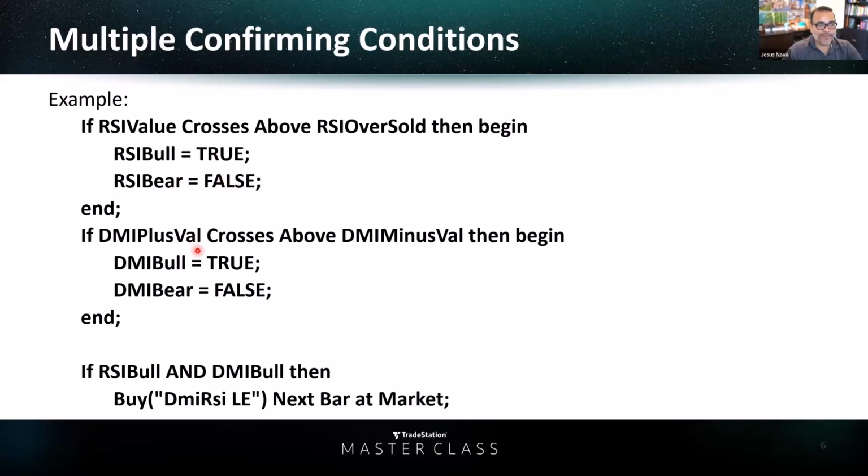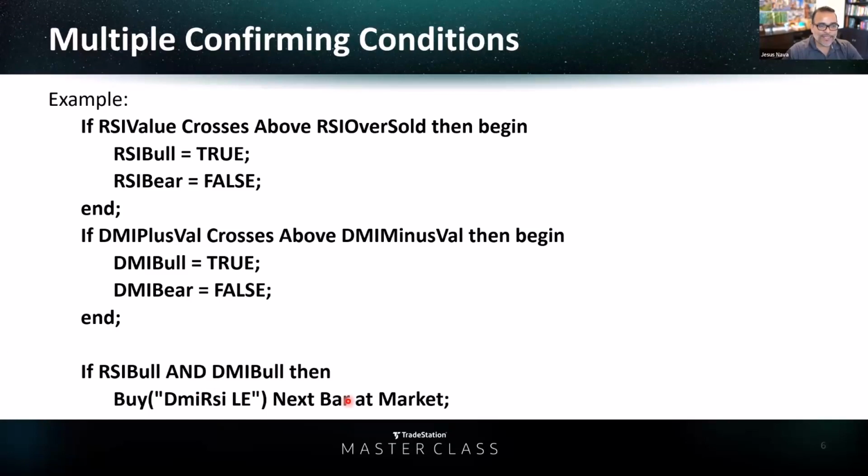And then you have the DMI over here. If it crosses above DMI minus, then the DMI bull is true. But this is where you have the confirming conditions: if the RSI is bull and the DMI is bull, then I'm going to buy next bar at market, that type of thing. So, confirming conditions.